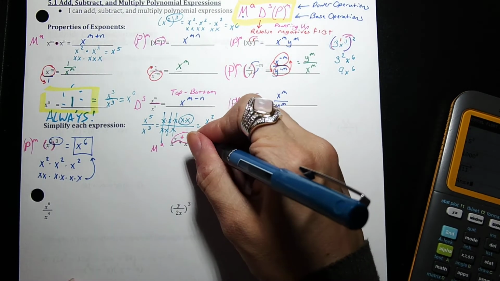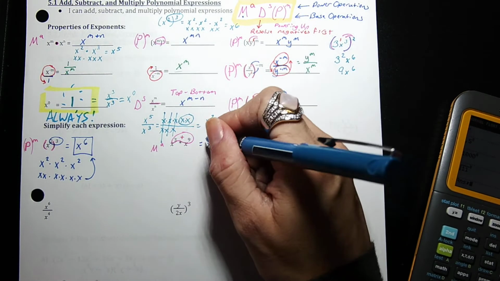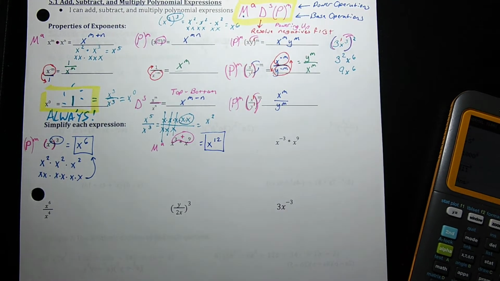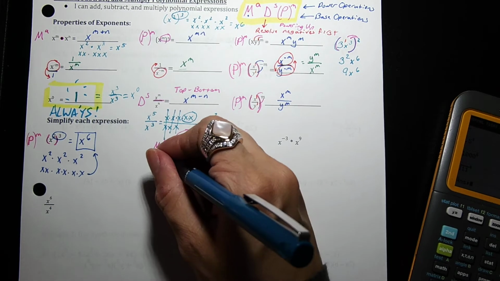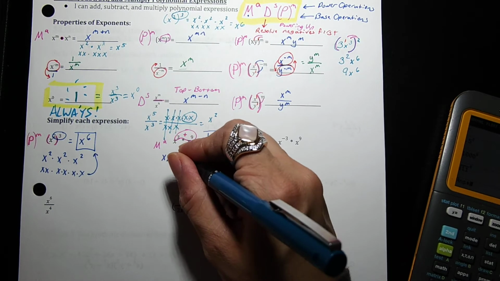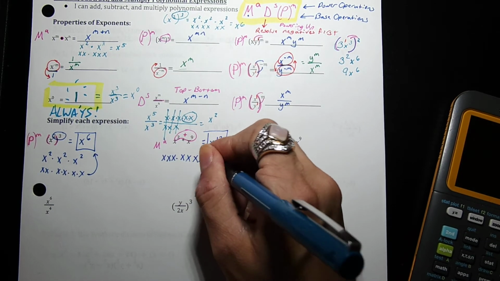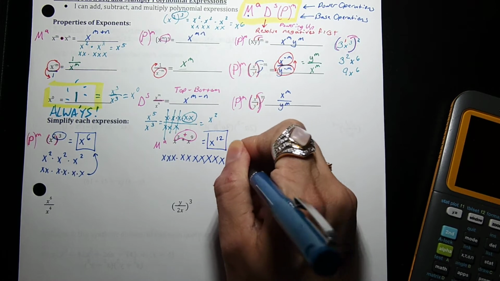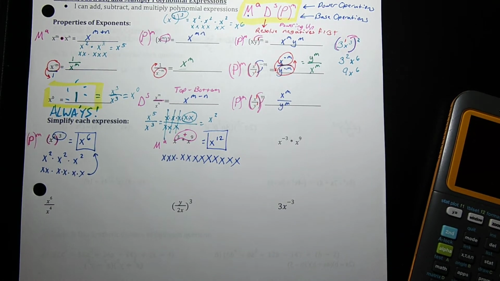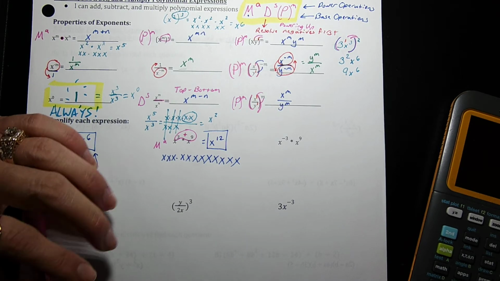So x to the 12th. Now, as you can see, this is why it's a good idea to have those power rules, because the expansion of this, x times x times x, and then 1, 2, 3, 4, 5, 6, 7, 8, 9. It's too many. I do not like to expand out with those big numbers, but we could check ourselves that way if necessary.